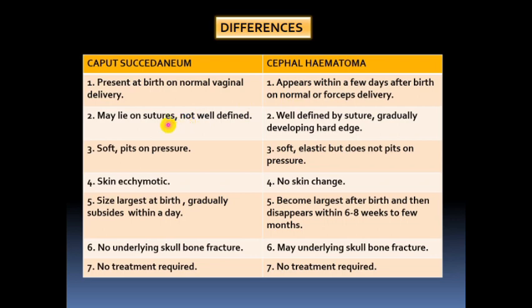Caput succedaneum lies across sutures and is not well defined, while cephalhematoma is well defined by the sutures. Caput succedaneum pits on pressure, while cephalhematoma does not. In caput succedaneum the skin is ecchymotic, while there are no skin changes in cephalhematoma. Caput succedaneum gradually subsides within days, but cephalhematoma may take 6 to 8 weeks to subside.